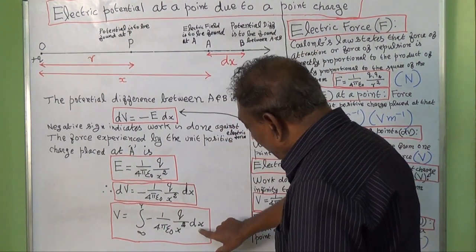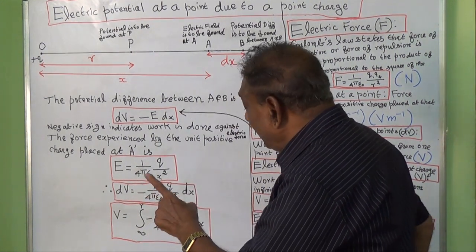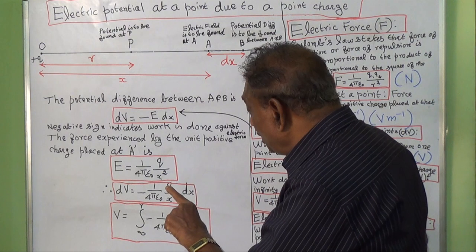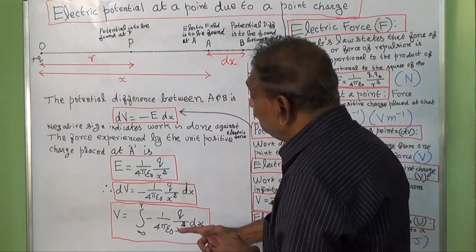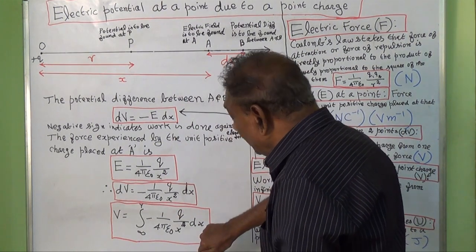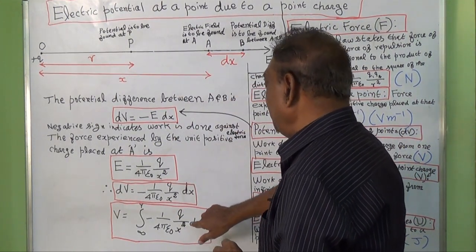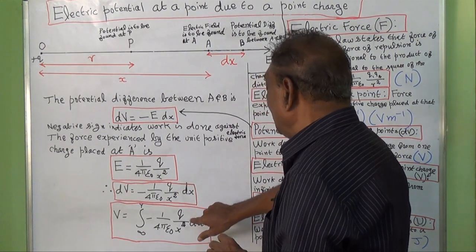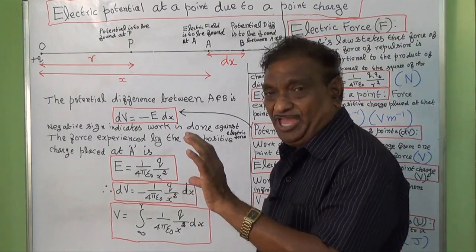Suppose in this place y has come, the variable y is to be integrated. If dt has come, the variable t is to be integrated. But in this case, since dx has come, we have to integrate the variable x.